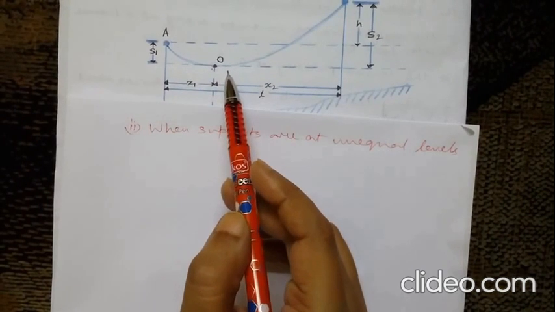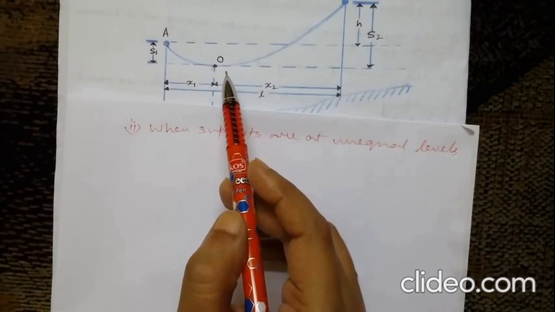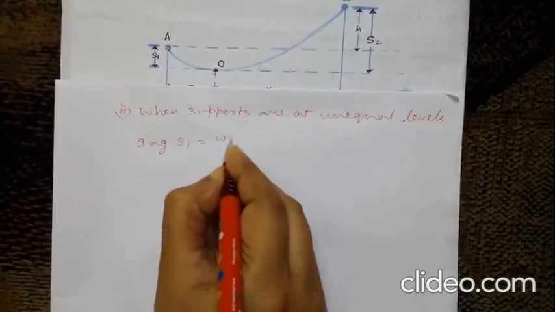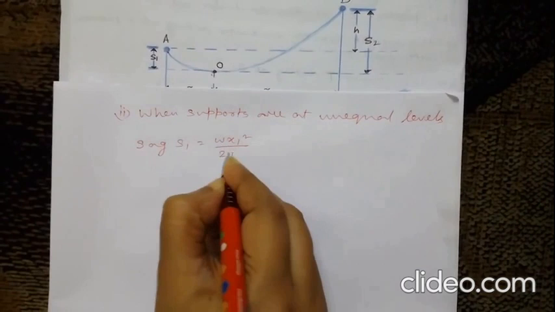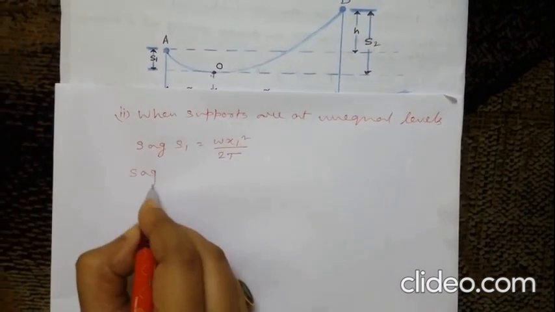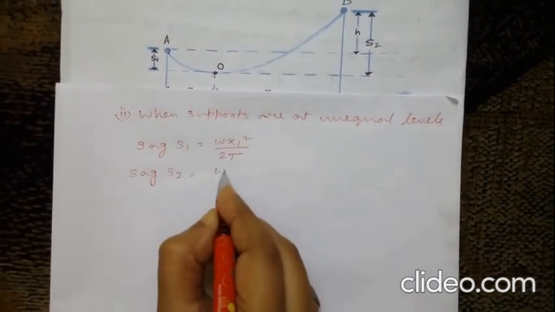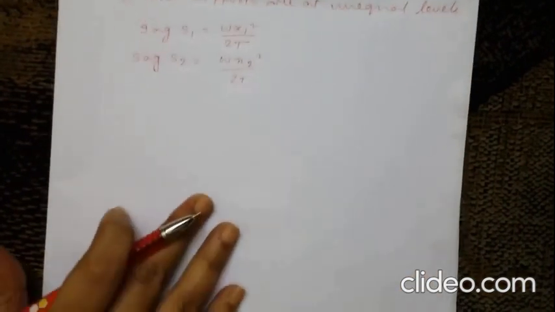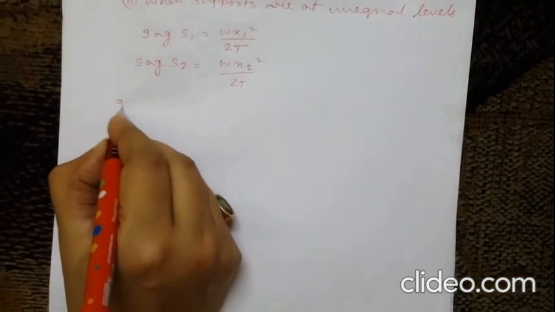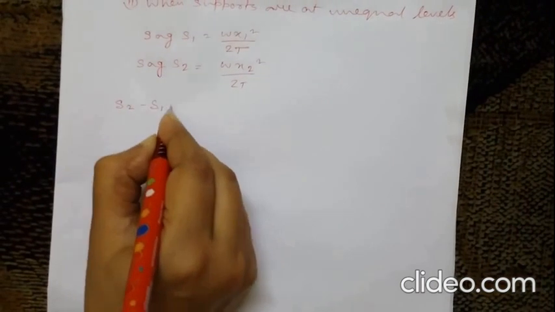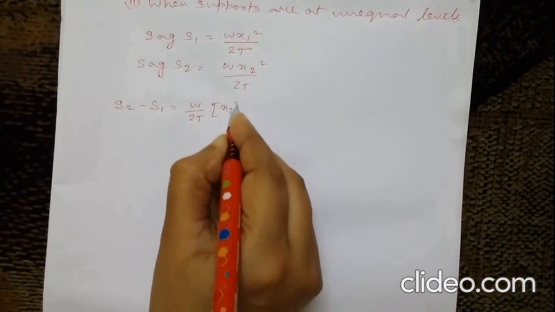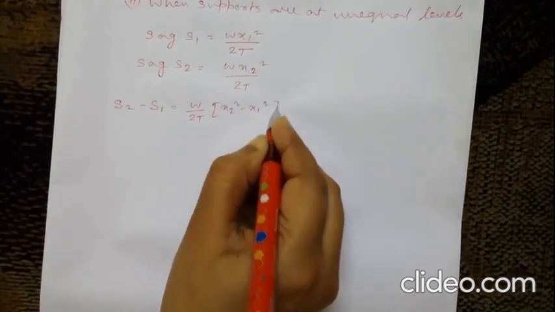Now if w is the weight per unit length of the conductor, then we can say the sag h1 is w x1² by 2T, and sag h2 equal to w x2² by 2T. Now h2 minus h1 is equal to w by 2T (x2² minus x1²).